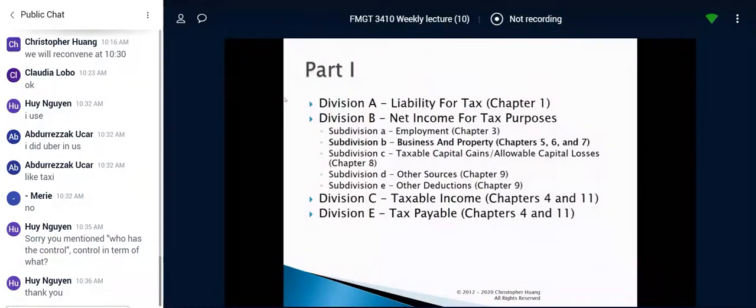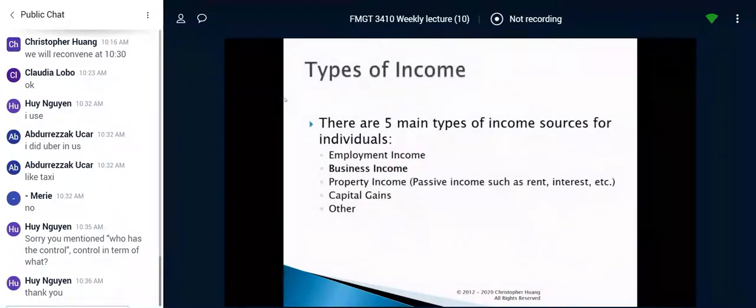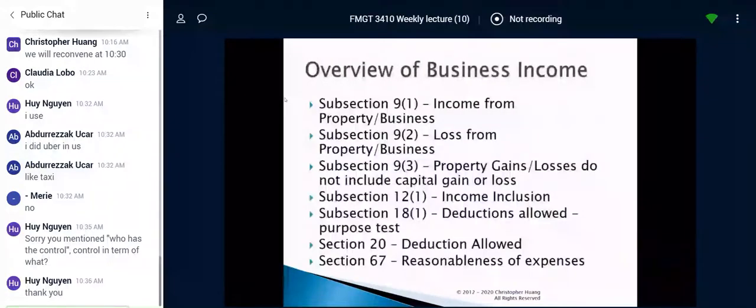So chapter 6, of course, we're dealing with business income. So the main rule around business income is 9(1) of your act. So what I would ask people to do is turn to 9(1) of your act, and what I want you to tell me is, how clear do you think this rule is?